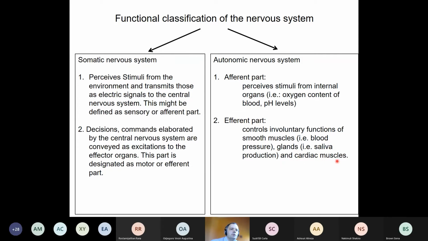Or in a stressful situation, for example, if you are driving your car and you come to a dangerous traffic situation that you have to brake unexpectedly because somebody is crossing the road, and you have to avoid that you crash. So this is a stressful event, and then the body is adapted to these situations, like the heart rate is increased because the cardiac muscle will contract faster. This is controlled by the sympathetic nervous system, for example.